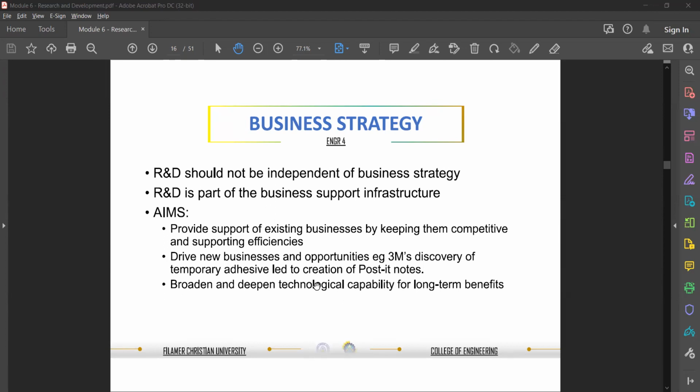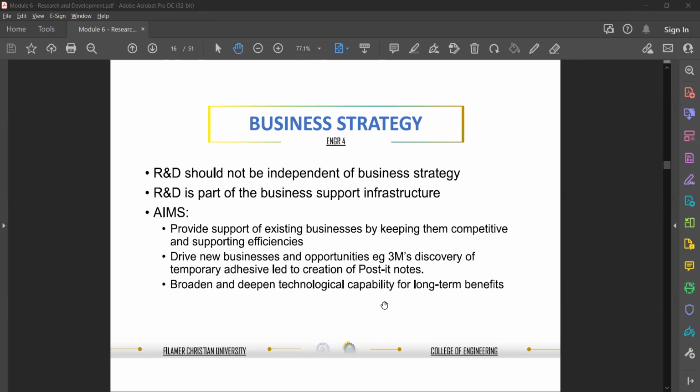Then, broaden and deepen technological capability for long-term benefits. So it should be future proof. That's what we call future proof. So, long-term benefits. But with technology today, every 10 years there's something new, di ba? Let's say in telco networks, from 1G, 2G, 3G, 4G, 5G.